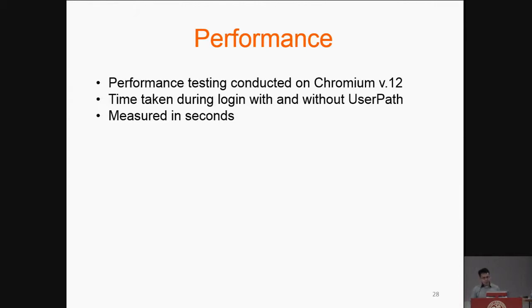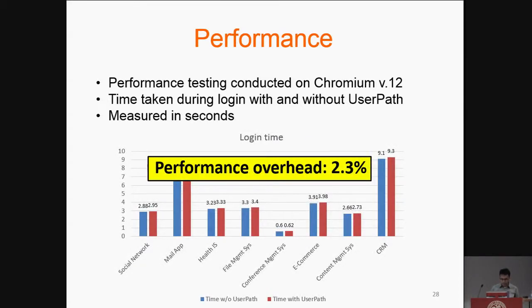And we argue that this already covers all the important functionalities that we propose in our idea, such as the secure login and also the secure authority delegation. And we measure this in seconds. So yeah, the result is our system incurs only negligible performance overhead. The performance overhead is only 2.3%, which is relatively small for large-scale deployment.